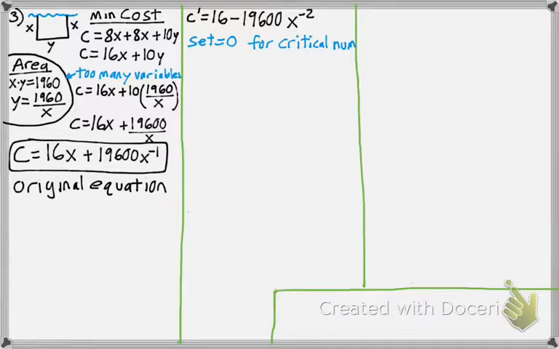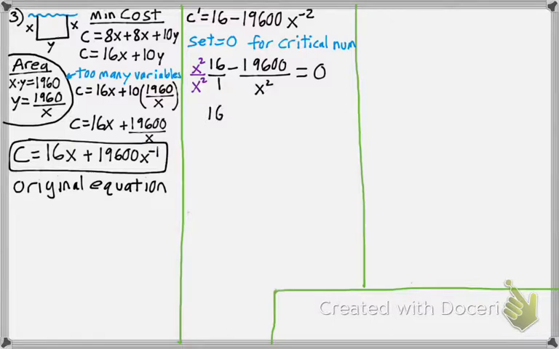So I'm going to have 16, and I do want to express it as 19,600 all over x squared equal to 0. I'll call this 16 over 1. It's going to help to write these as one fraction, so I want to get the same denominator. I can multiply the left one by x squared over x squared, and that will help me combine my two fractions.